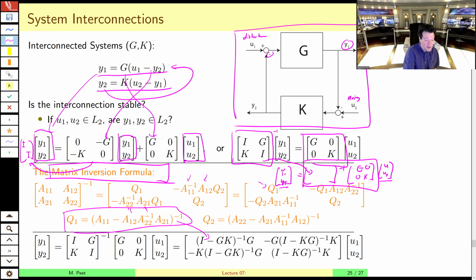And then, of course, don't forget we have to multiply by G. That's why that's showing up there as well. So we have this term, and this term, and then we get the GKs there, and there for multiplication here. So we can find then an explicit expression for the output as a function of the input, right? Very important expression.